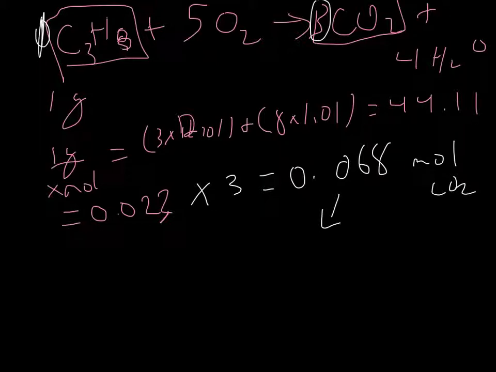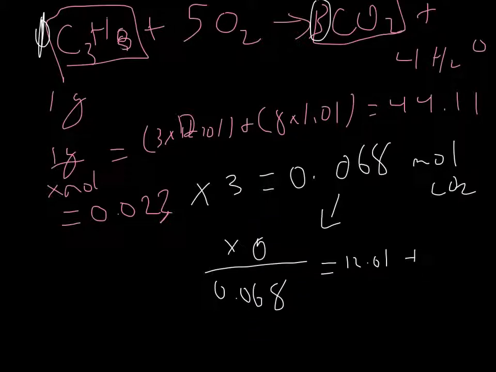CO2 is going to have 0.068 moles, x grams, and it's going to equal 12.01 plus 2 times 16, which is 32, giving it a molar mass of 44.01.